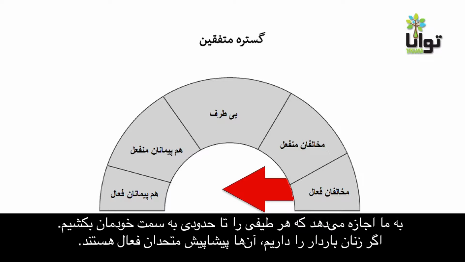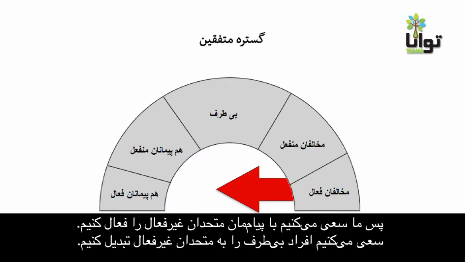So if we have pregnant women here, they already are active allies. We're gonna try with our message to move our passive allies to become more active. We're gonna try to move people who are neutral to become passive allies.